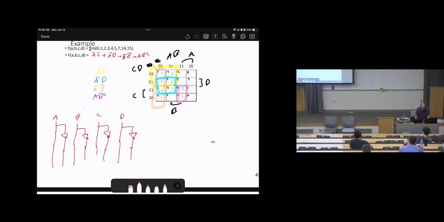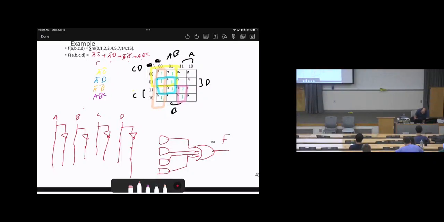Now we have how many terms? 1, 2, 3, 4. 4 terms. So we need to have 4 AND gates because it's products. Then all of these 4 AND gates will be connected with one OR to get the function f.